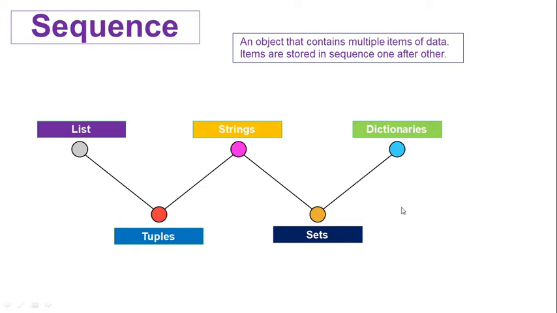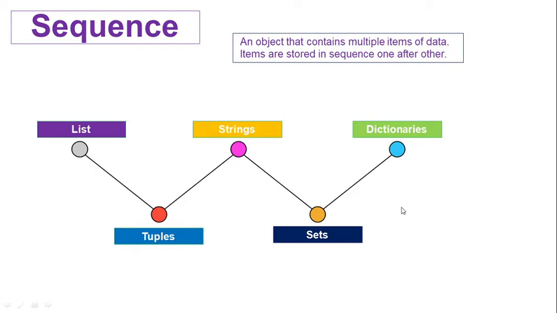Sequence means an object that contains multiple items of data, and these are stored one after the other. Another specialty is that in the computer's internal memory, these are stored one after the other, occupying contiguous memory location. Hope you get it. And these are some of the sequences: list, string, dictionary, tuples and sets.